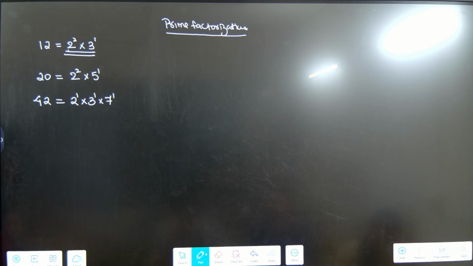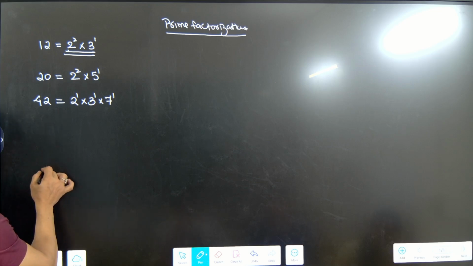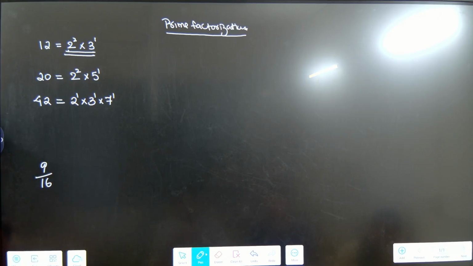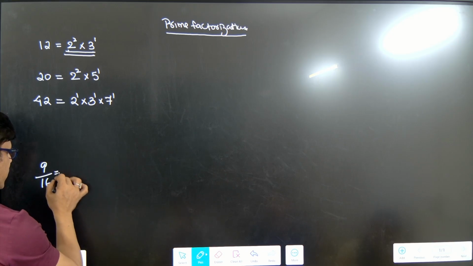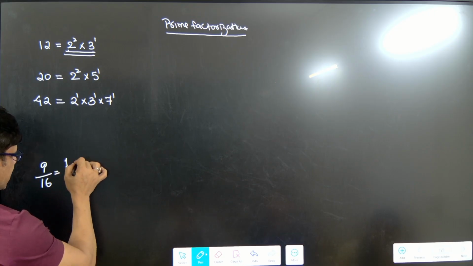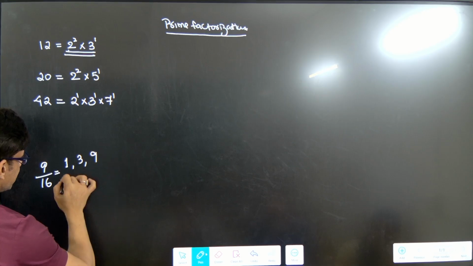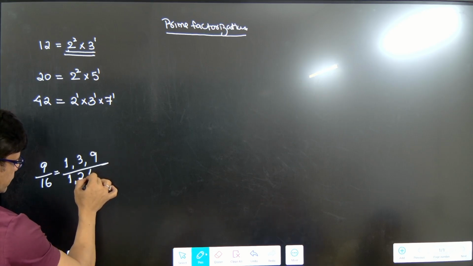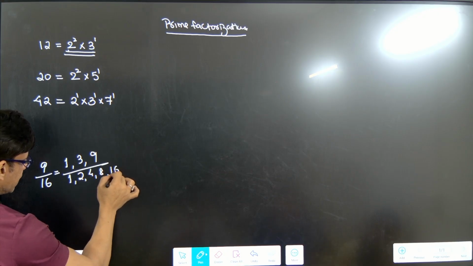First, I have to tell you about coprime also. Remember what coprime is? Let's say I have the numbers 9 and 16. Can you divide them? No. That means these two numbers are coprime. Let me tell you the meaning of coprime. Write down the factors of 9 and of 16: 1, 2, 4, 8 and 16.